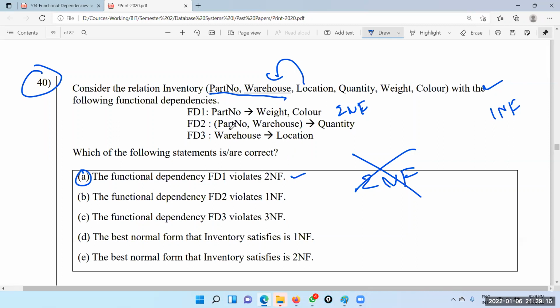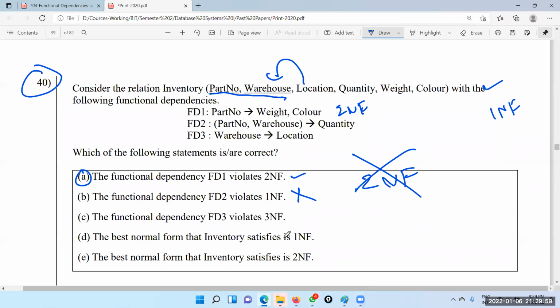It violates 2NF. What about this: part number, warehouse determines quantity? That is fine because that is the total primary key determining quantity. FD2 is fine, so it has not violated second normal form. FD2 violates 1NF කෙනෙක් කොහොමද වැරදි.